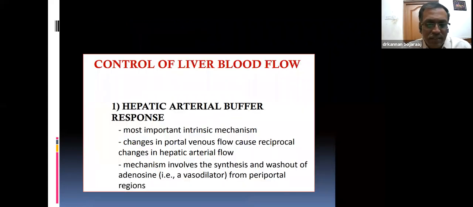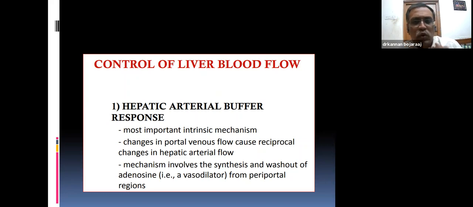These are the basic things. The next one is the hepatic arterial buffer response. That is the concept you have to understand. Buffer means adjusting. I have already told you the hepatic artery gives 25% and the portal vein 75% of the blood flow. Any change in venous flow causes reciprocal changes on the arterial side.